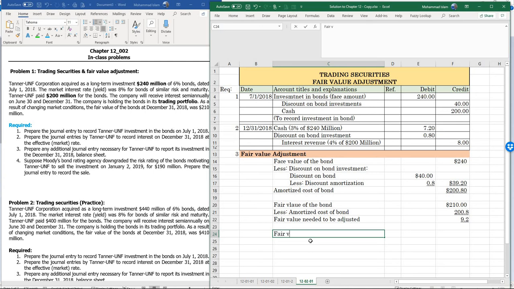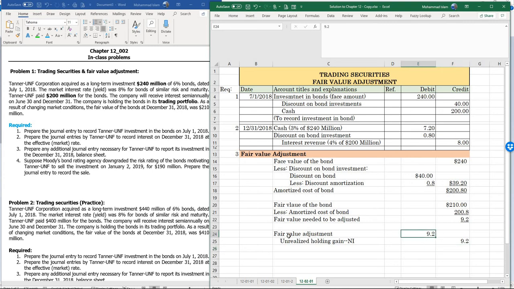So we debit fair value adjustment 9.2, and credit unrealized holding gain, net income. See that? The unrealized holding gain is reported in net income.